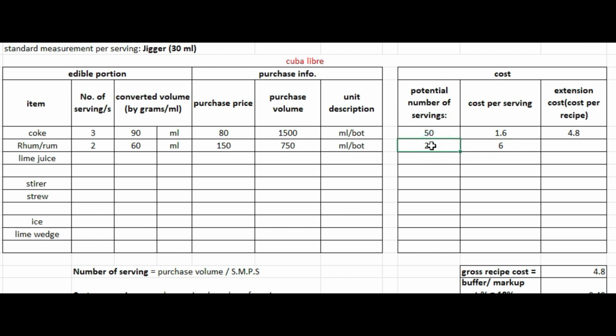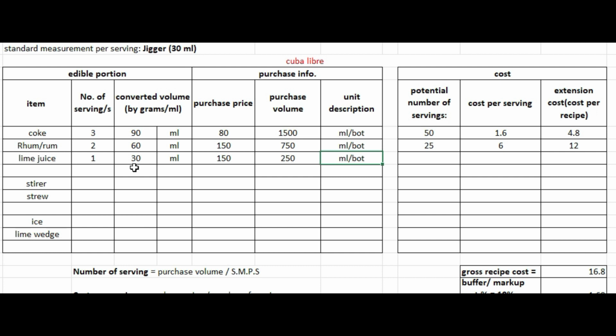For our cost per serving, the 150 pesos is divided by our potential number of servings, which is 25. So our cost per serving is 6 pesos. Our recipe needs 2 jigger, equivalent to 60 ml of rum, so our extension cost, or cost per recipe, will be 12 pesos.